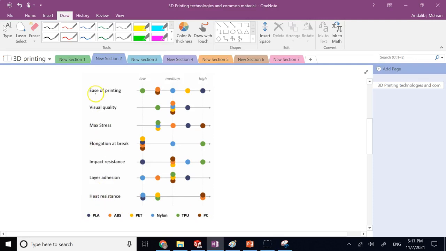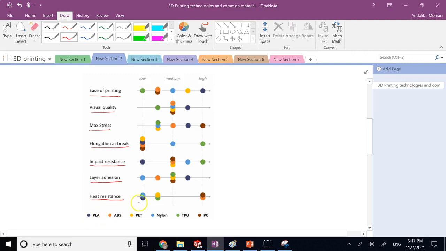7 important properties: ease of printing, visual quality of the printed part, the maximum strength of the material, the elongation at break, so how much the part can be elongated or deformed before breaking, how much it can resist against impact, or what is the toughness basically, how good it attaches to the print bed, and how much it resists against heat.